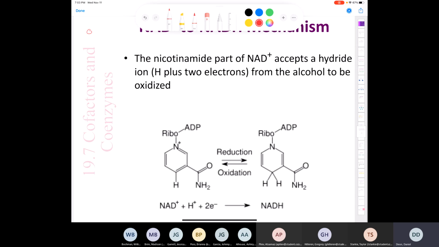You probably learned OIL RIG: oxidation is losing electrons and reduction is gaining electrons. Look what is happening here. Not only is the NAD+ gaining H+, but it's also gaining 2 electrons in the process to form NADH. If it's gaining electrons, that's reduction. So this is the reduction process, and that's why it's being reduced.